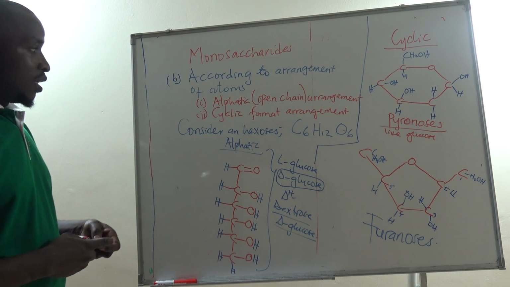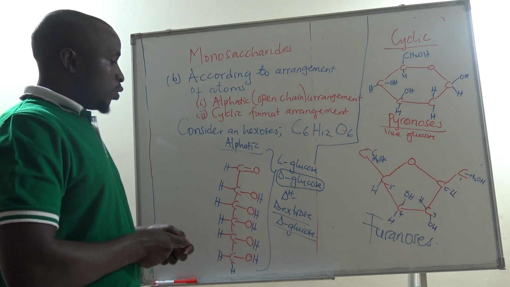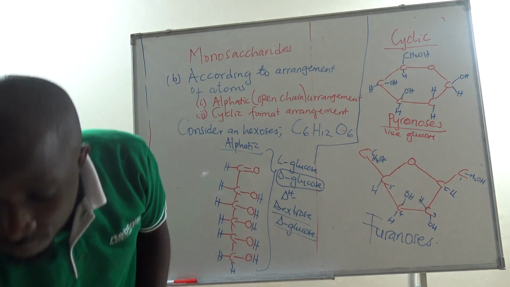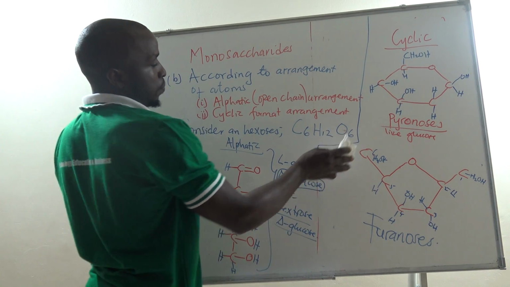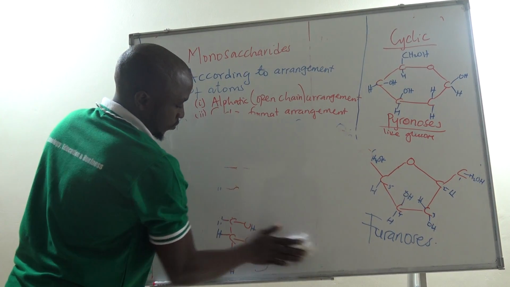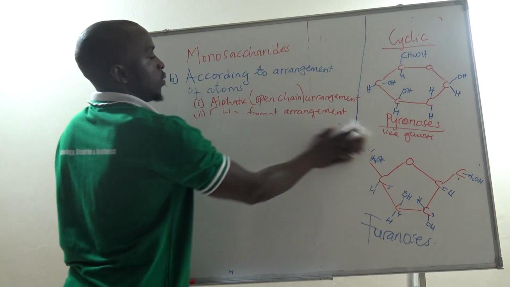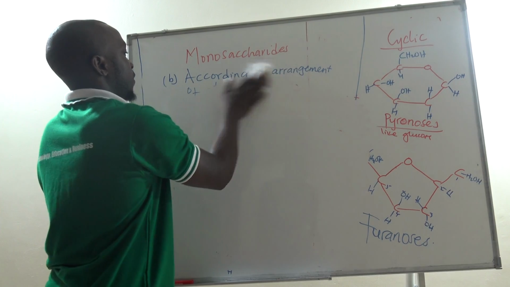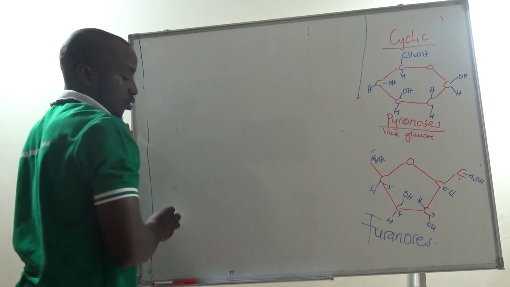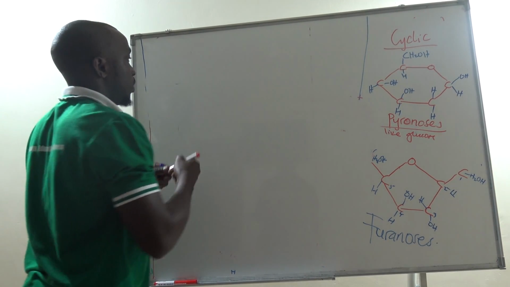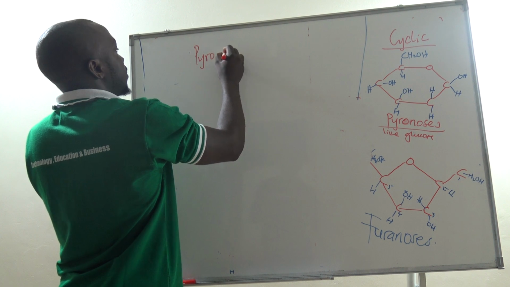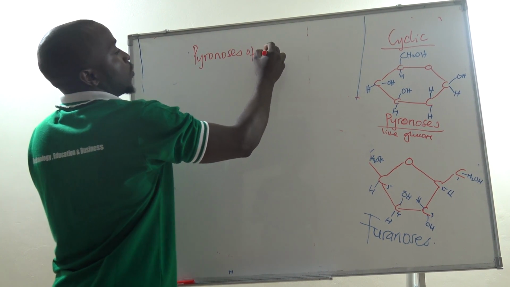That's arrangement of atoms. Still further, if we come back to the pyranoses, they give us different pyranoses, which we have to pay attention to. So we can call them pyranoses of glucose.